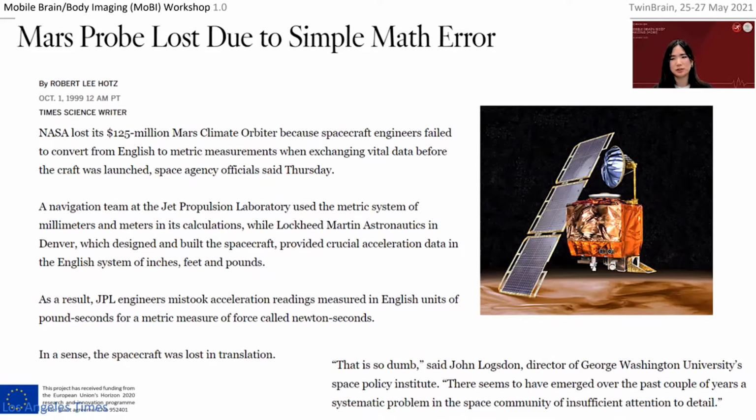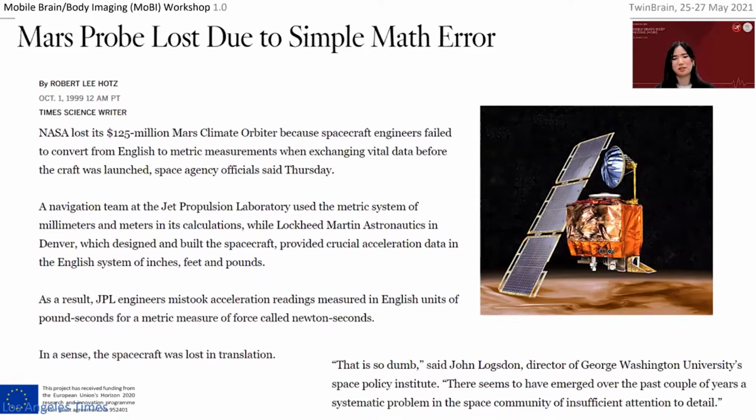What happened was that in a really big international project like this, multiple teams worked together, and one team was assuming the metric system for the acceleration data that they were providing, and the other team just assumed that these numbers were in the English system of inches, feet, and pounds. And this small mistake was enough to blow up the whole project.